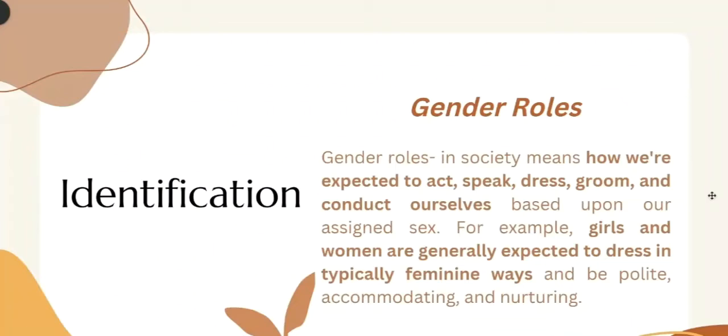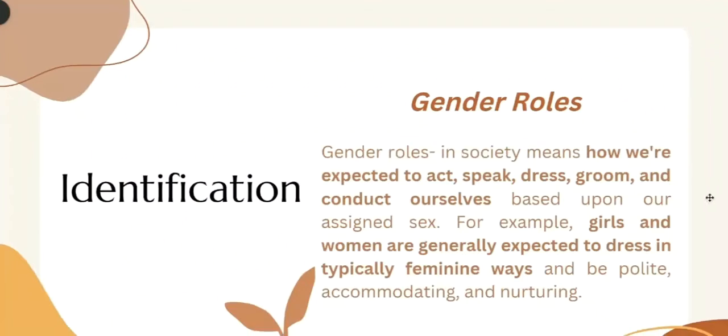So if you see a woman dressing in their assigned sex, like they dress as a woman, they wear a dress, heels, or things like that, wear earrings, she is already called a woman.